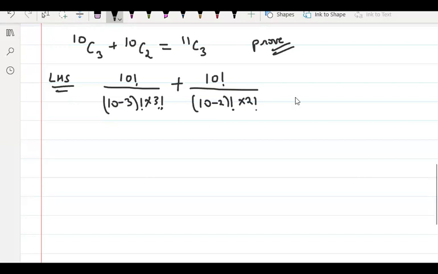Now tell me this, 8 factorial is bigger or 7 factorial? Out of these two, which is bigger? Very good. Now, N minus 3 factorial is bigger or N minus 4 factorial?